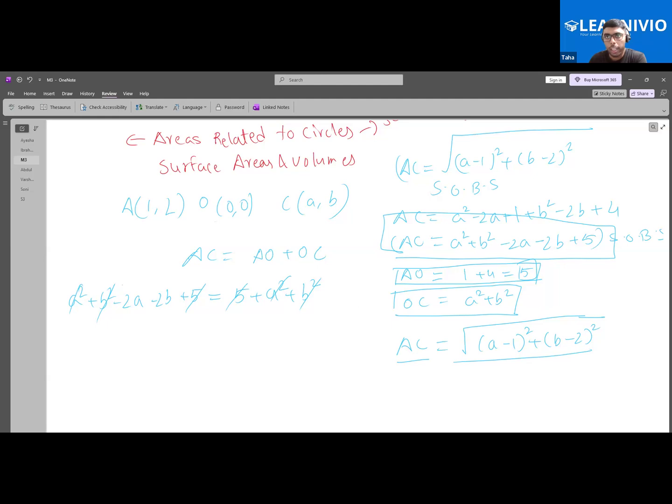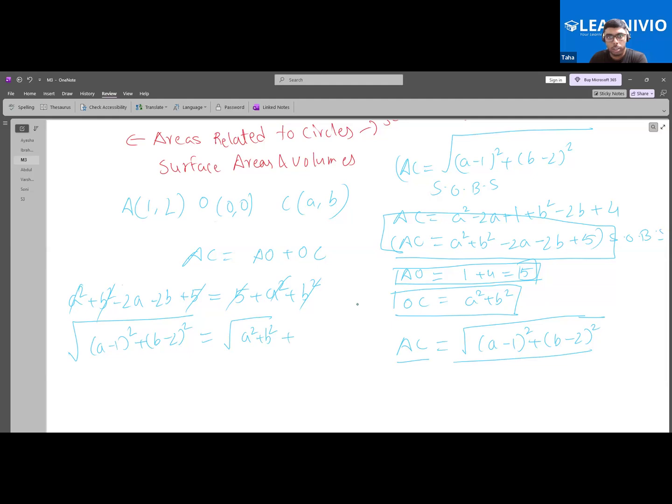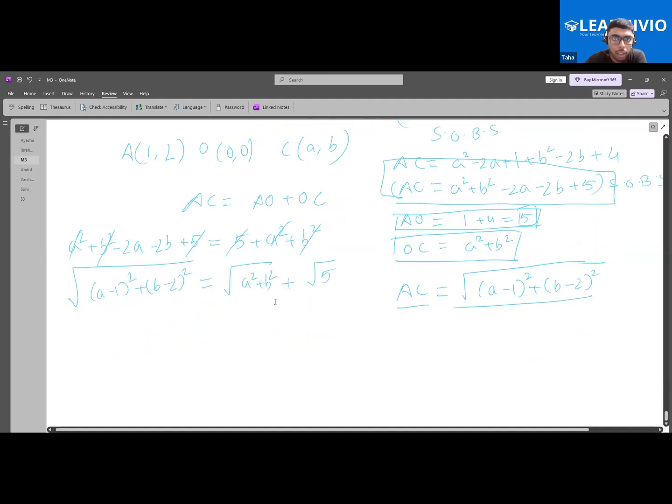So if we do that, then let's see, this would be a square plus b square plus something into root 5. This is what we will have.